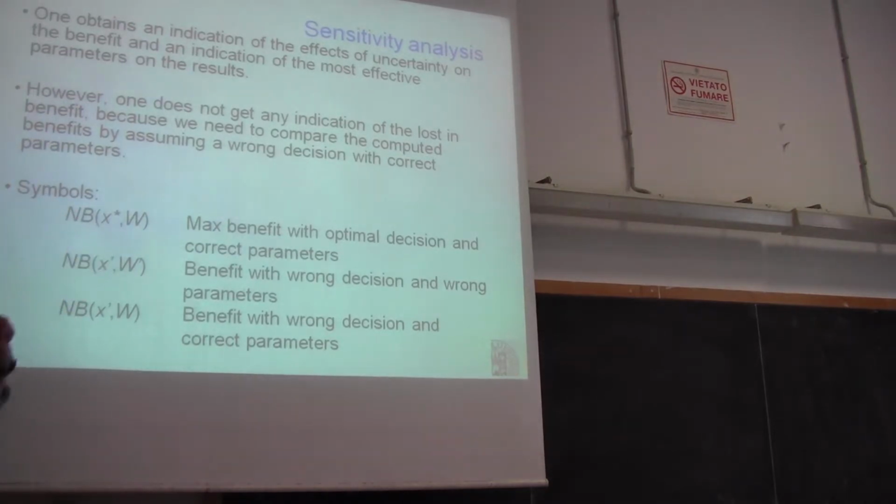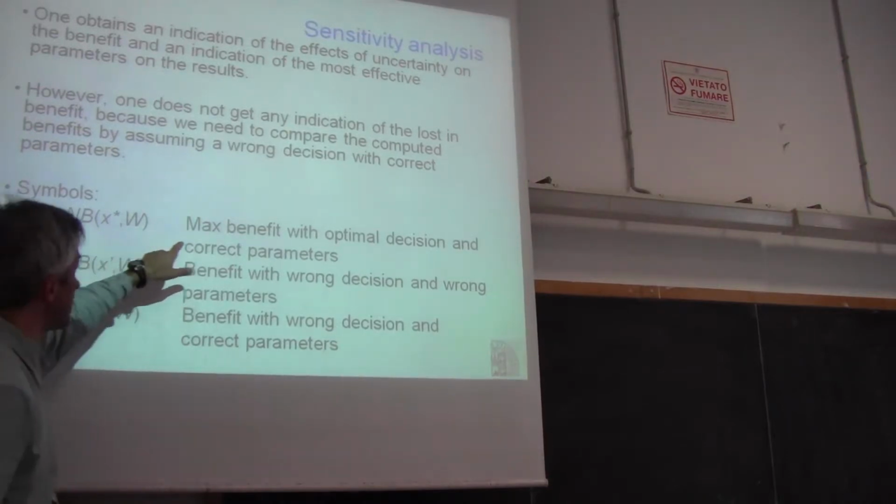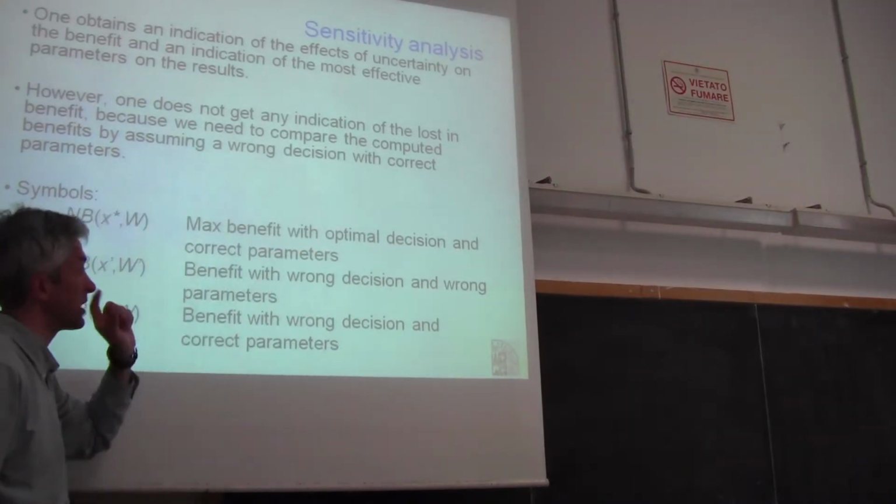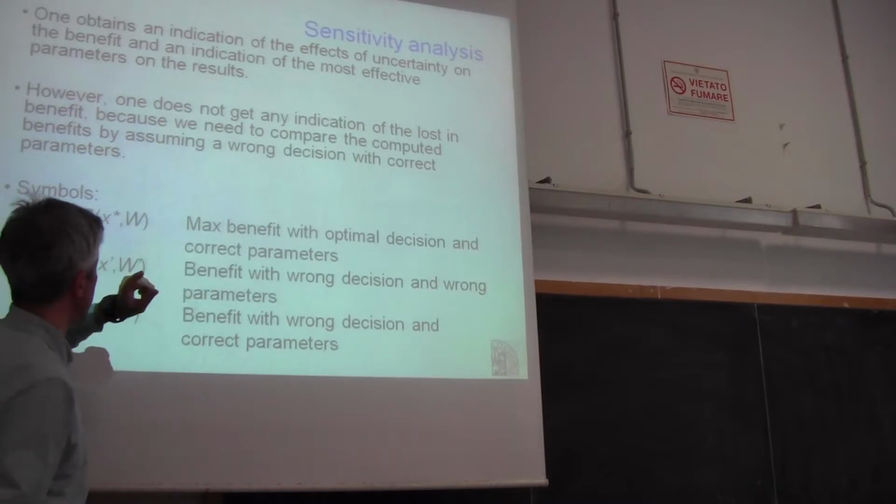First of all, X star is the optimal allocation with correct parameters, with no perturbation. So it was equal to 38 for the example that I'm now talking about. So X star, again, you see that this is max benefit with optimal decision. Optimal decision is the correct one, and the correct parameters.